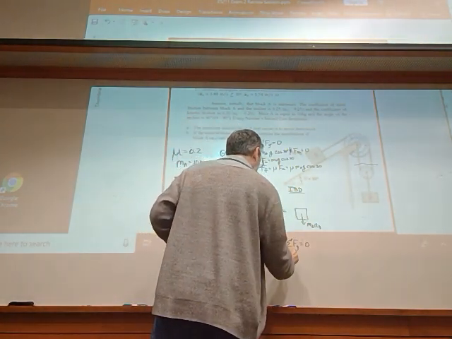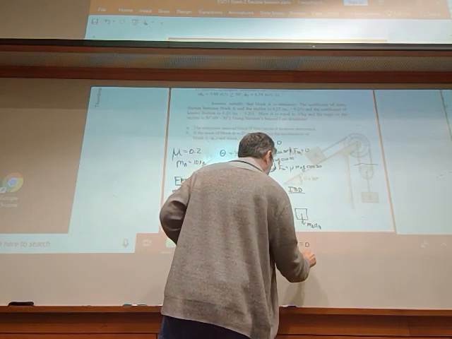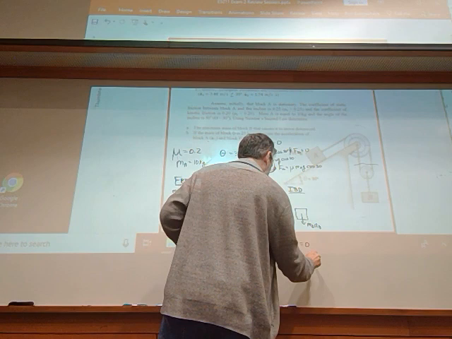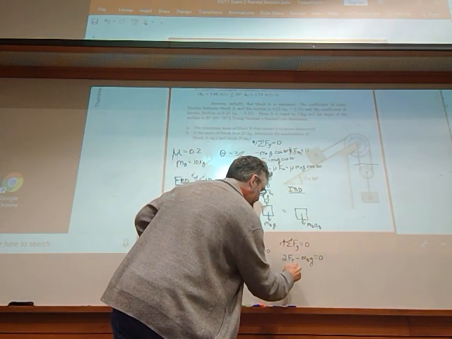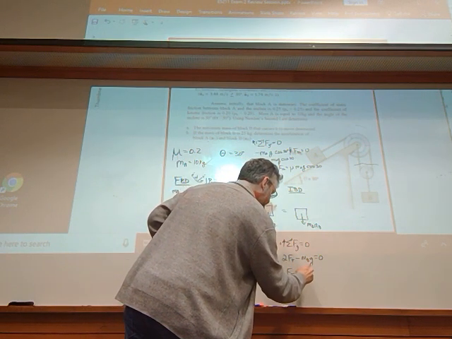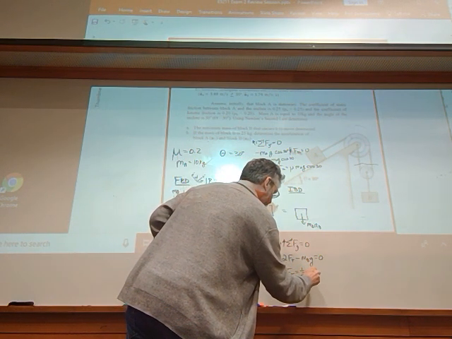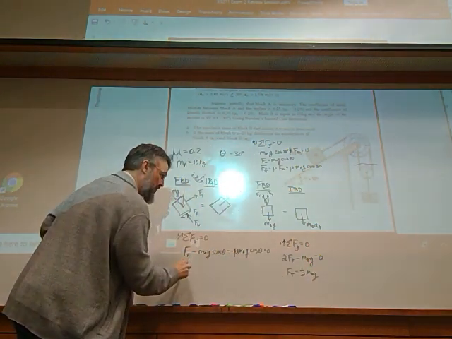And we're going to write that 2Ft minus MBG is equal to 0. So we'll say that Ft has to be equal to 1/2 MBG. And then we plug that back into over here.